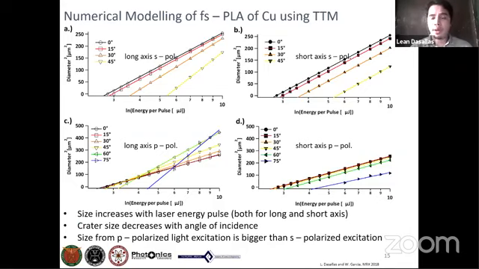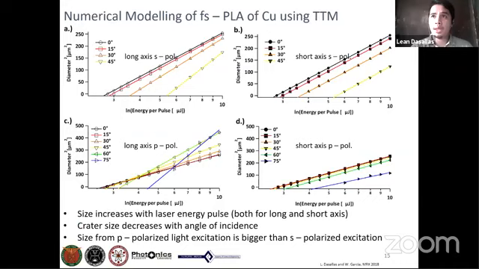So the result of our investigation here show that the angle of incidence will be an important parameter when we do pulse laser ablation at oblique angle of incidence along with the polarization.